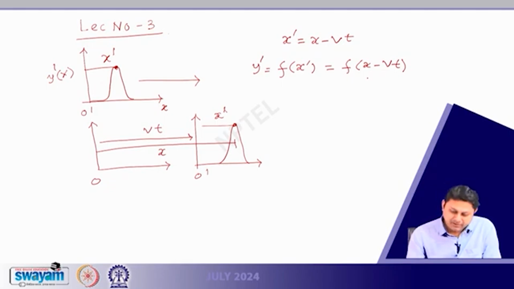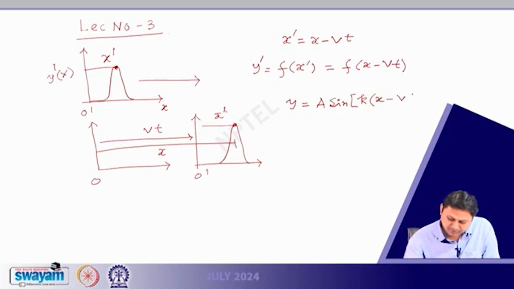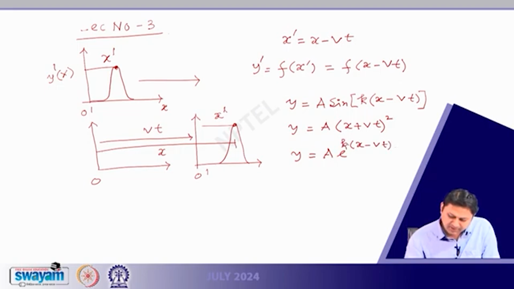So we give some examples like y equal to a sine of k(x minus vt), a very standard form we are going to use later, or y equal to some amplitude times (x plus vt) squared, or y equal to some amplitude e to the power of minus k(x minus vt) squared also.